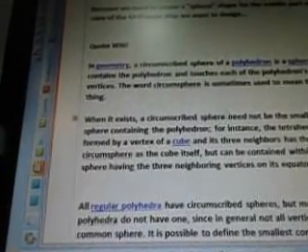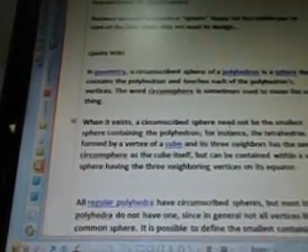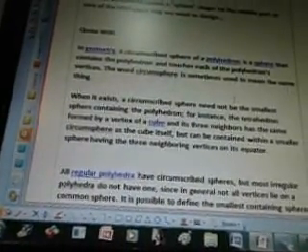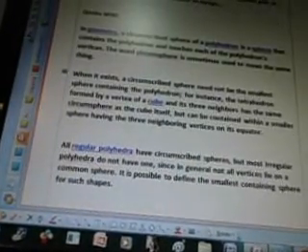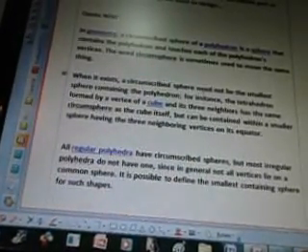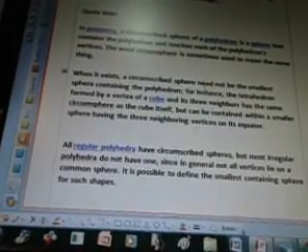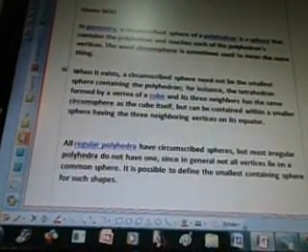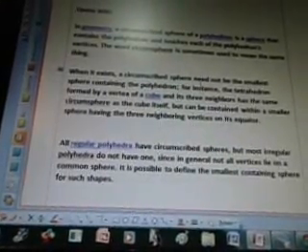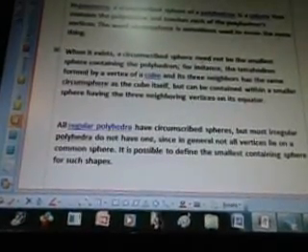Because we need to create a sphere shape from the middle part of the core of the UFO spaceship we want to design. In geometry, quote from Wiki, a circumscribed sphere of a polyhedron is a sphere that contains the polyhedron and touches each of the polyhedron's vertices. The word circumsphere is sometimes used to mean the same thing. When it exists, a circumscribed sphere need not be the smallest sphere containing the polyhedron.